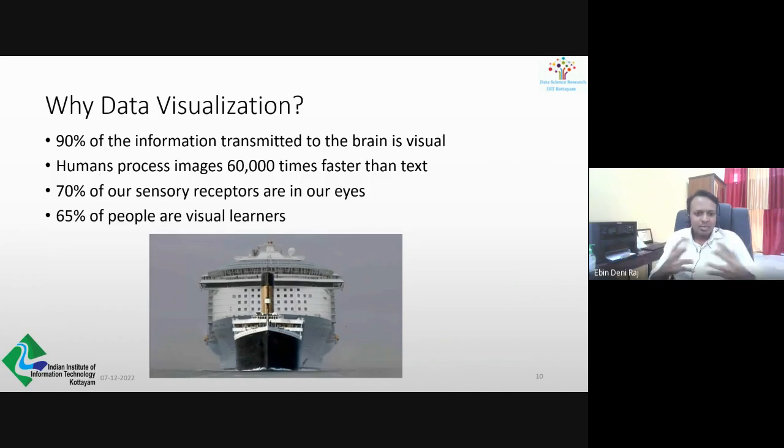So that's why it is important to present your data visually. It ensures that your information is processed faster and it is also more easily understood and remembered. So data visualization is your map to understanding information and gives you clear directions on where to go or what the current scenario is, right?